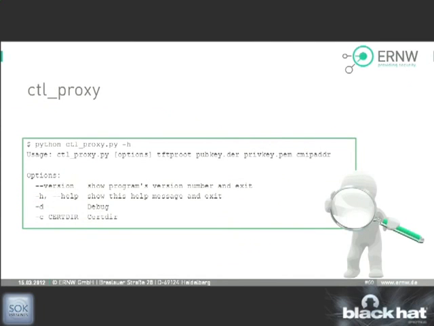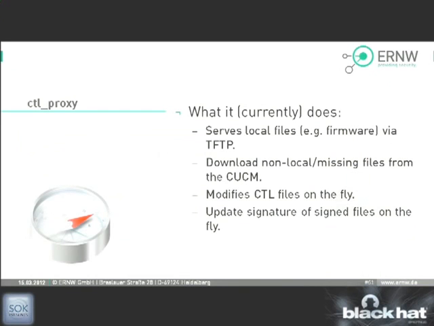Okay, for the demo, I've written a short tool, which is the CTL Proxy. It opens up a TFTP service and serves all the local files, for example, some firmware files or the ringtone or whatever. It also downloads missing files from the call manager. So if the phone requests a file you don't have stored locally, the tool will download it for you from the call manager.